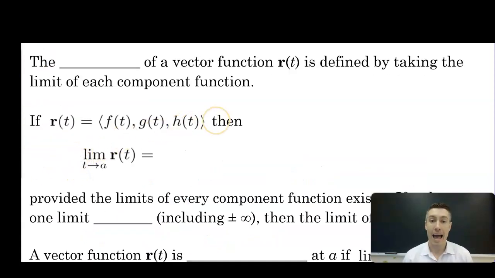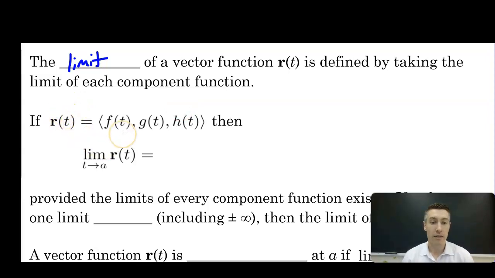Continuing, looking at vector functions and all of those pieces, the limit of a vector function r of t is defined by taking the limit of each component function. So if we remember how to take all of our limits in single variable calculus, that will carry through as we take the limit of each component function individually.